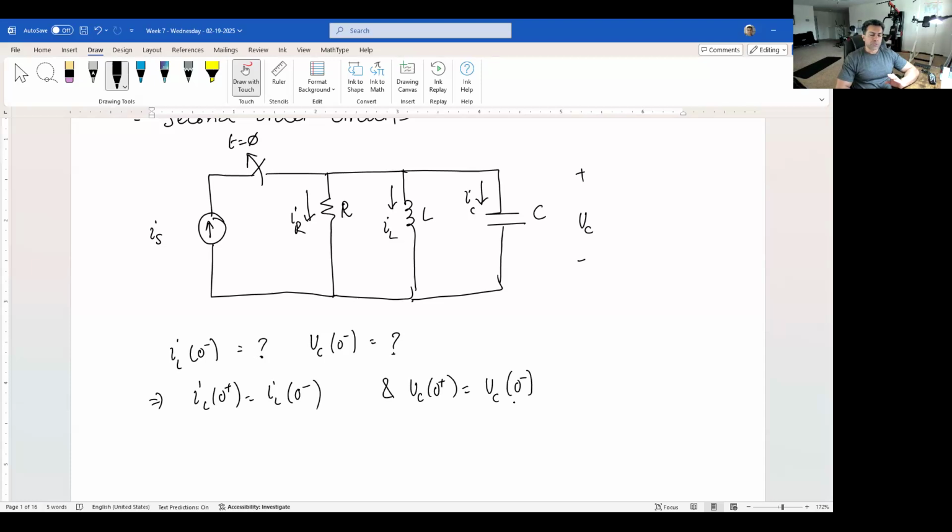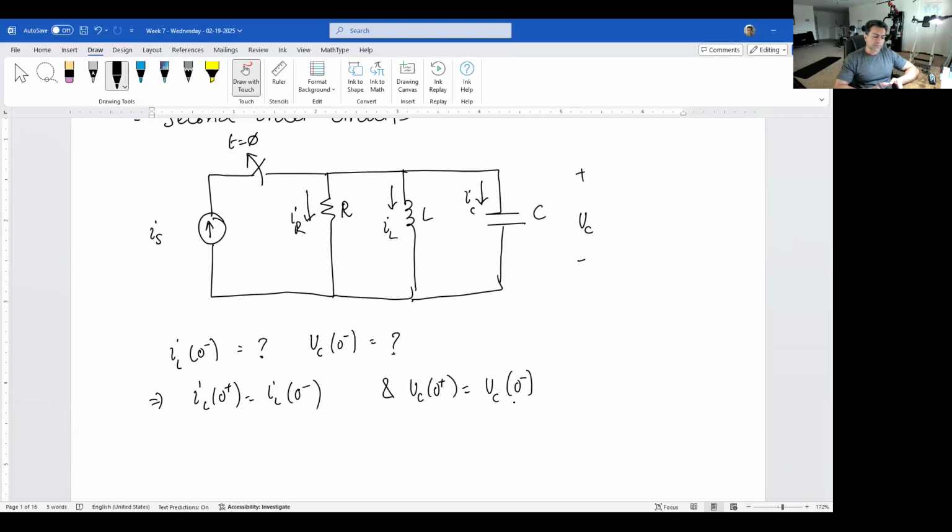So when the switch opens up and the source leaves the circuit, it's not going to be part of the circuit. Then we start solving for the capacitor voltage, inductor current, whatever.